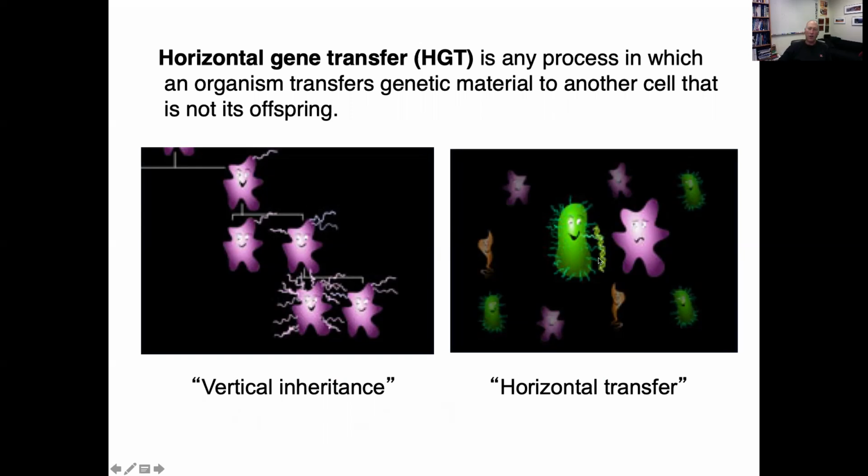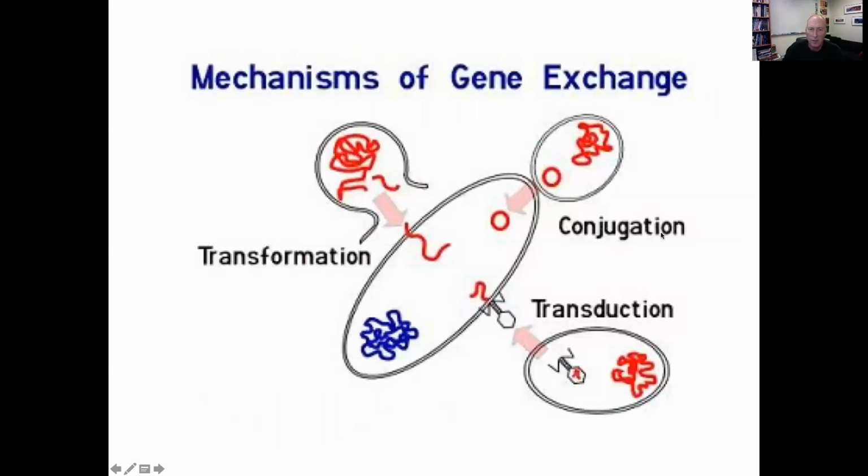Horizontal transfer is when there's a piece of DNA that comes from a completely different cell, or maybe comes from outside of a cell. It doesn't come directly from a cell. It's free DNA that the cell takes up. So it wasn't there in its parent, right? That's the point. It wasn't there in the parental cell. Okay, so that is horizontal transfer.